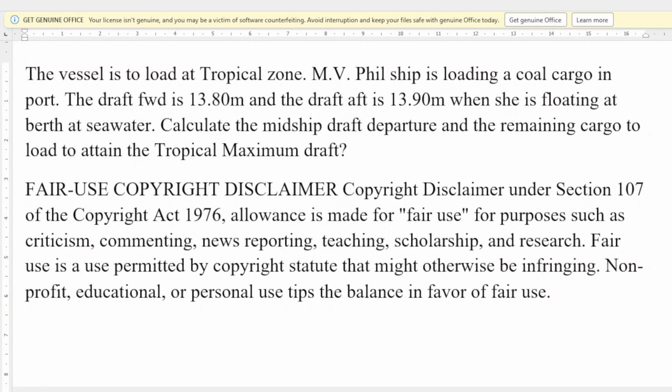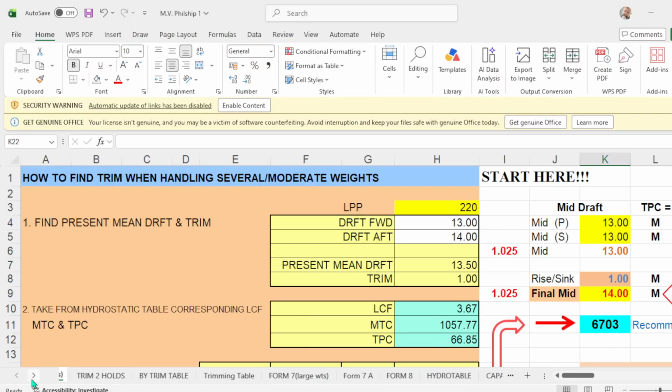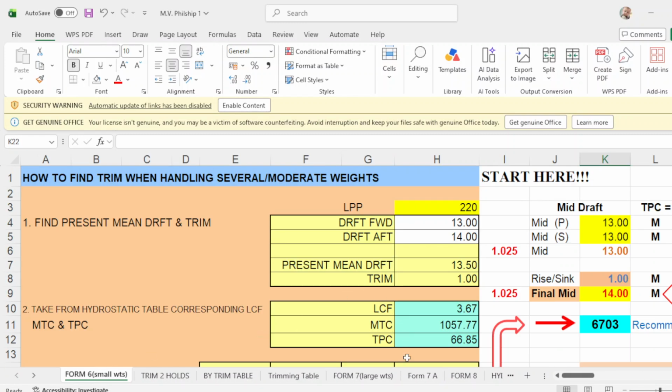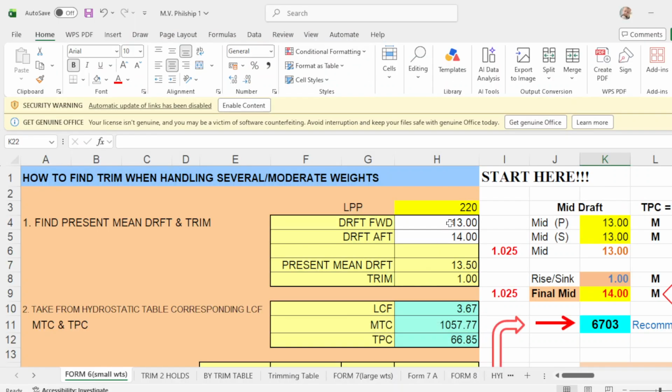So to attain it, his departure draft should be 14.418. Okay, so let's start. Accordingly, his initial draft forward is 13.80, so put it here.